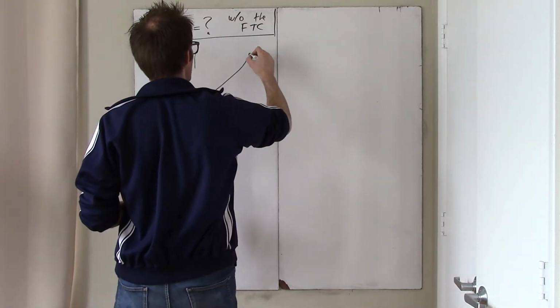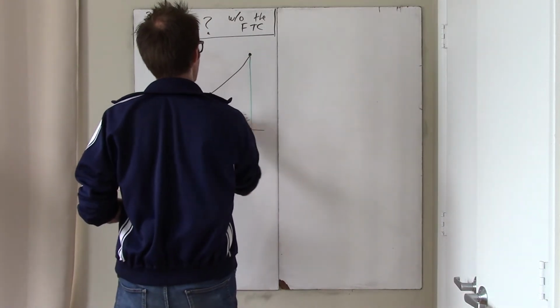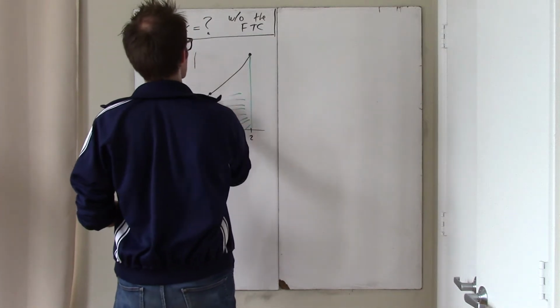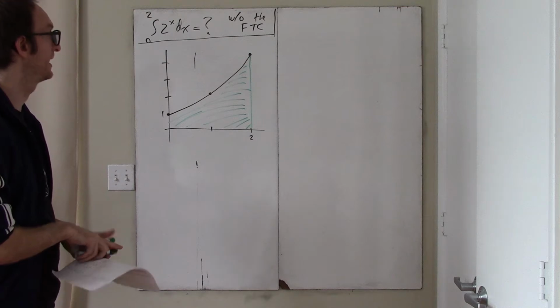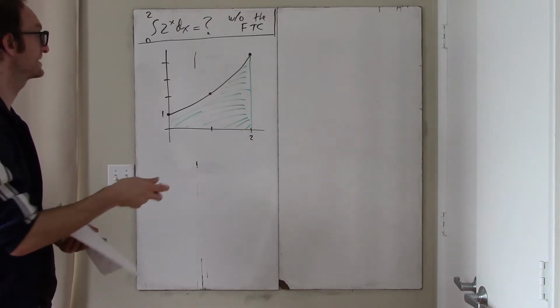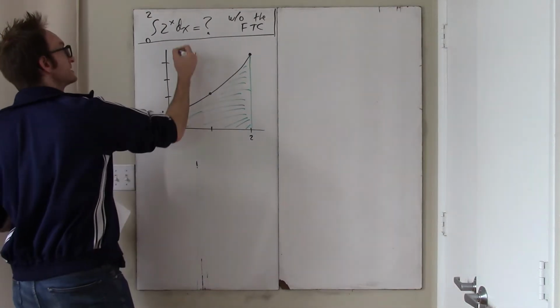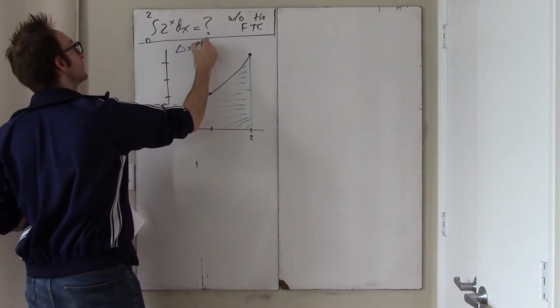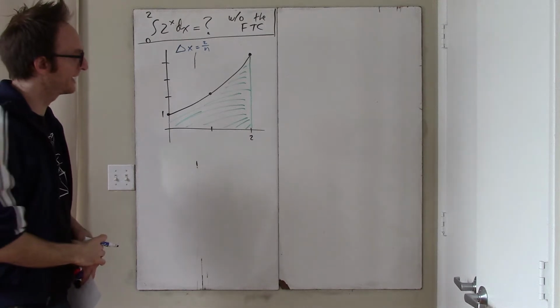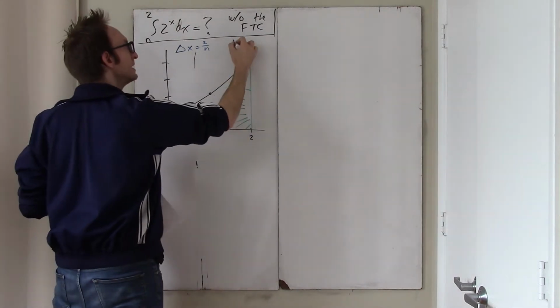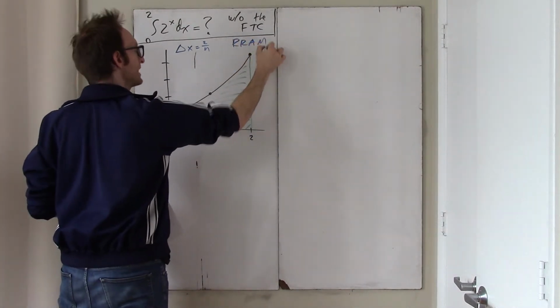All right, so we're going to use the definition of an integral as the limit of a Riemann sum, and we will divide this integral up into subintervals. So delta x will be 2 over n, because we're going to use n subintervals, and the total width of the interval is 2. Let's use RRAM, because why not?